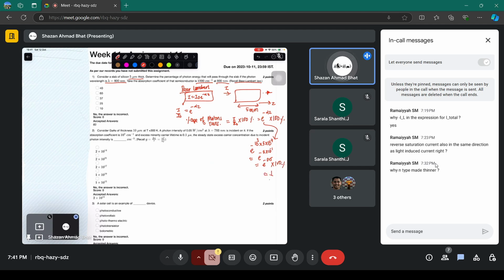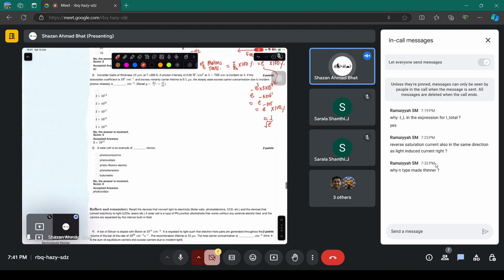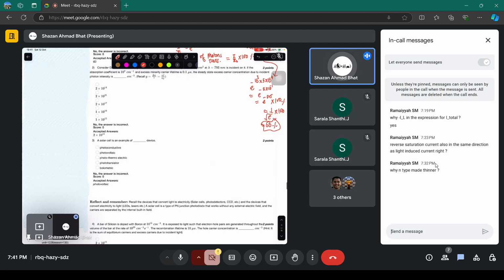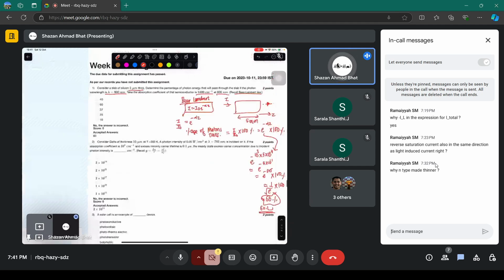So this will be 1 by under root of e, and you will approximately get 60% as the answer. You will get something like 60 point something after the decimal. But that is the answer of this question. So this is the percentage of the transmitted photons.